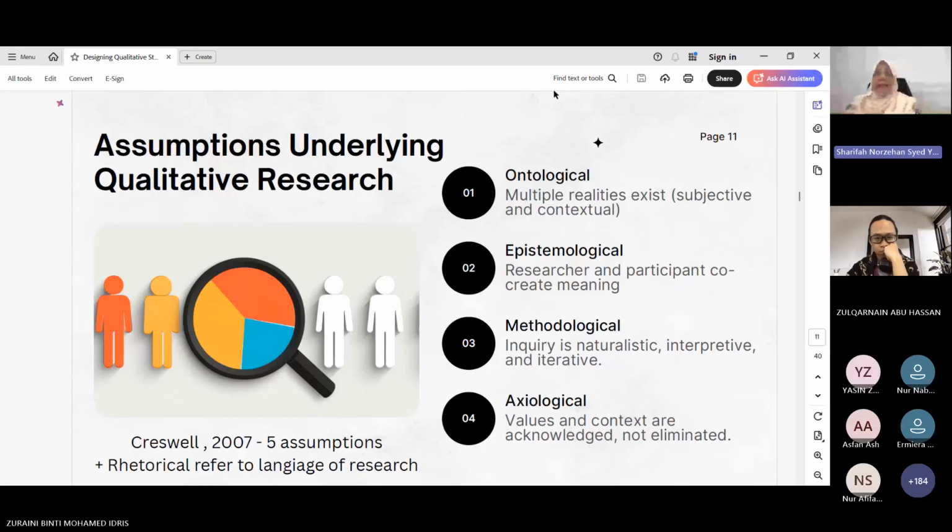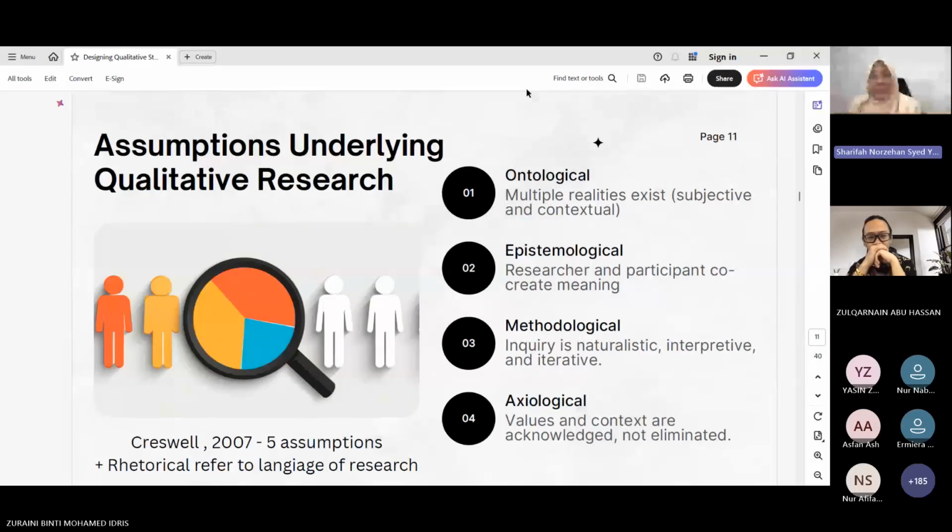So that is epistemological. In order for you to know more about it, you need to find it out from the participant. Researcher and participant co-create the meaning.